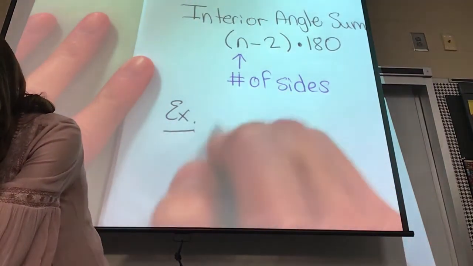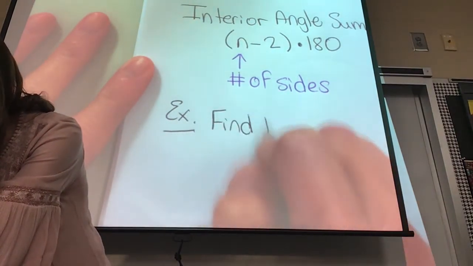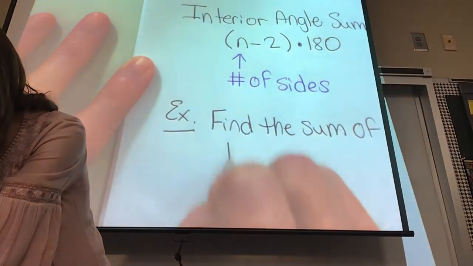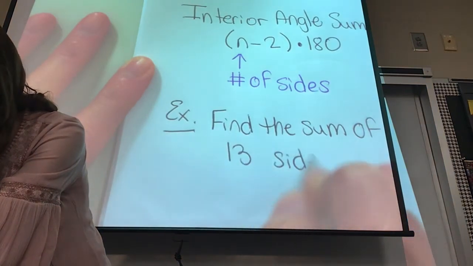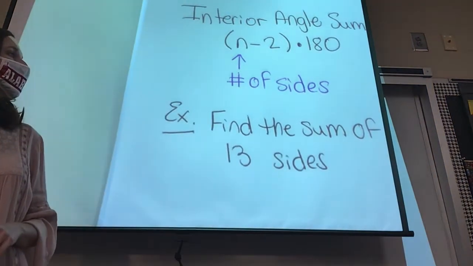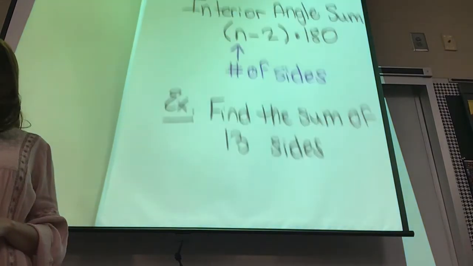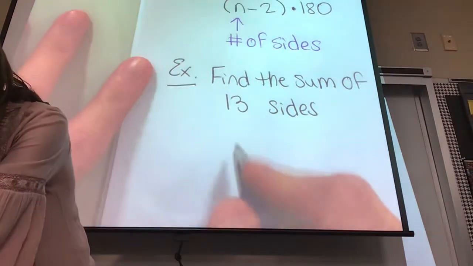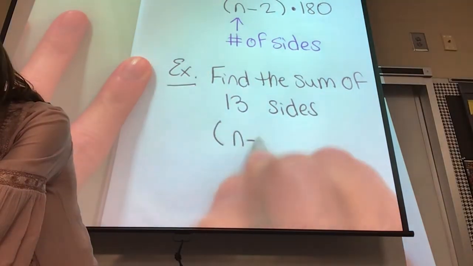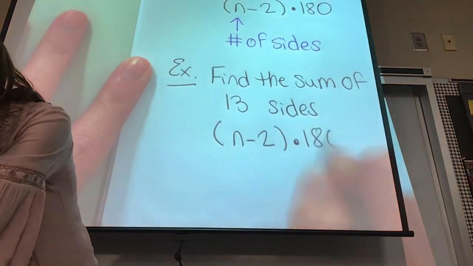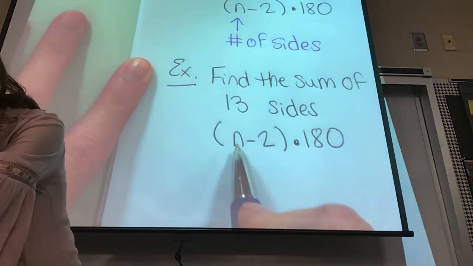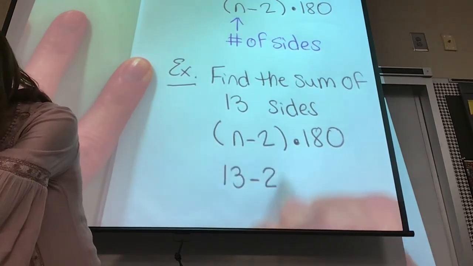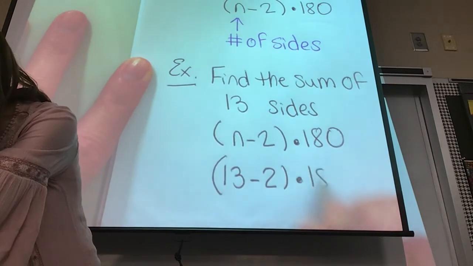So, let's try doing one. Let's say we want to find the sum for 13 sides. Well, if you do what I tell you to do, we take n minus 2 times 180. N was the number of sides, so I take it out and put in 13. So it becomes 13 minus 2 times 180.